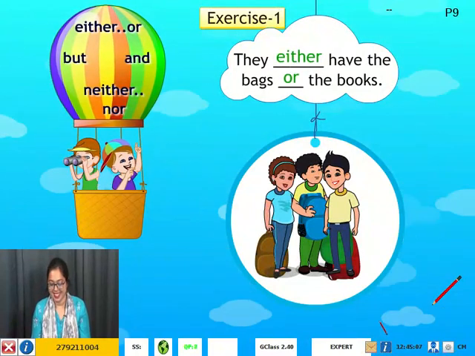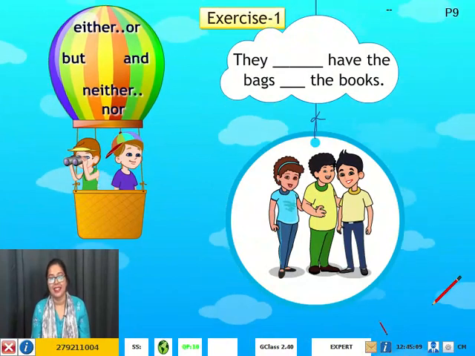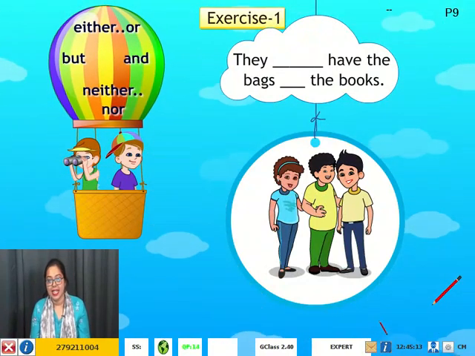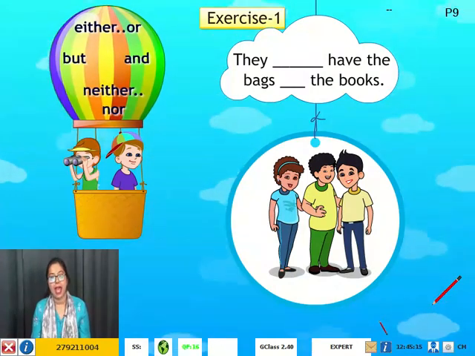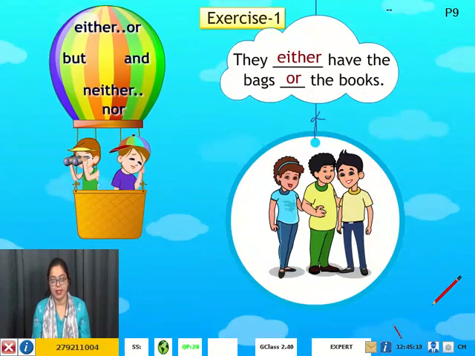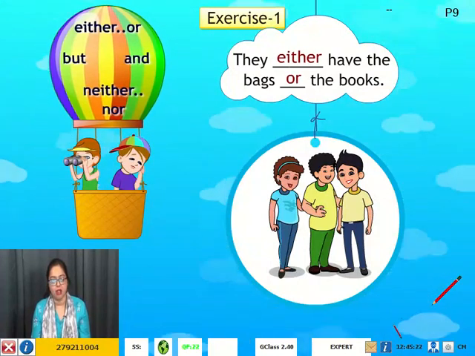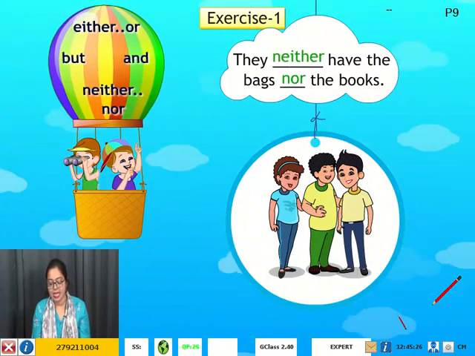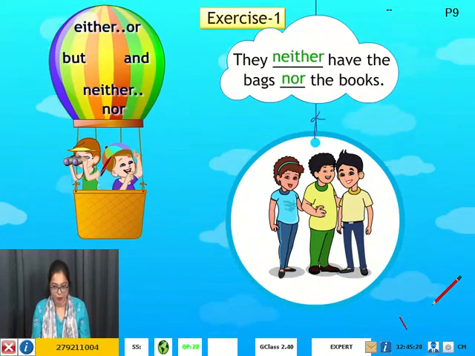Okay. Now next you see another exercise coming up on the screen. They dash have the bags dash the books. What will be the correct answer? Will it be either-or? No, right? So what is the correct answer? The correct answer is neither-nor.